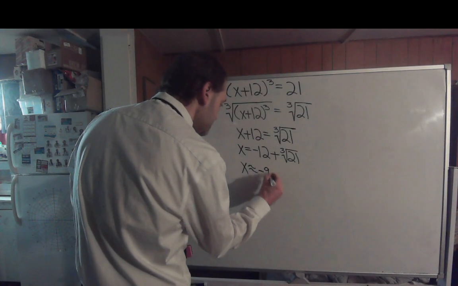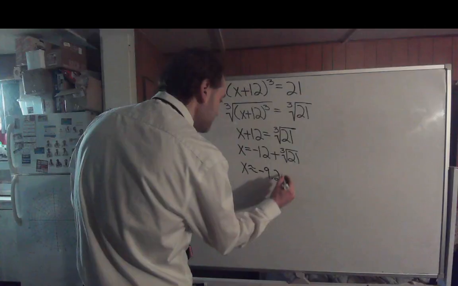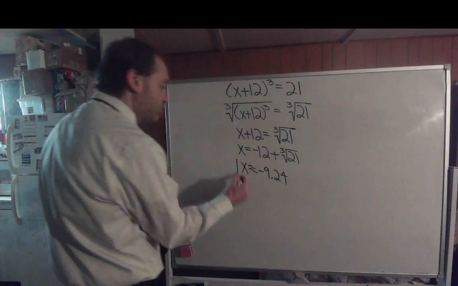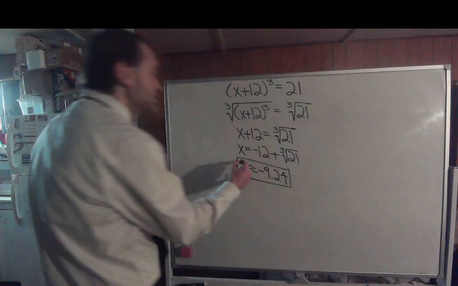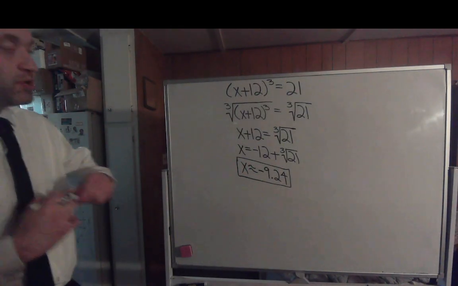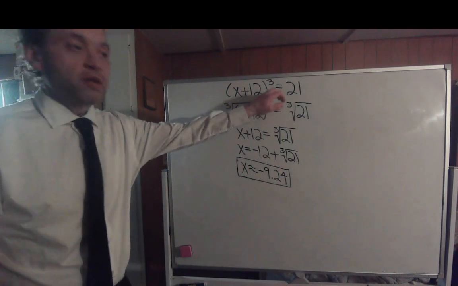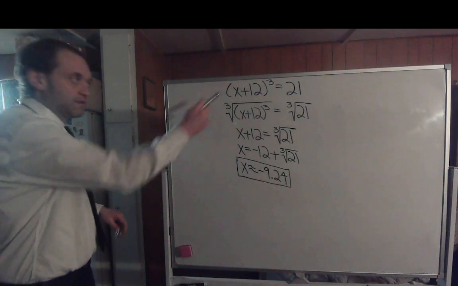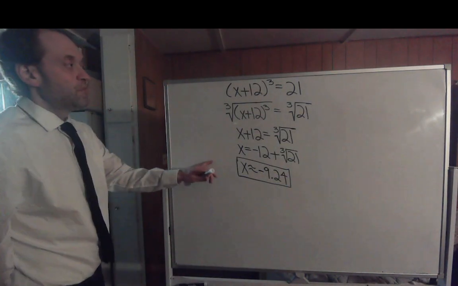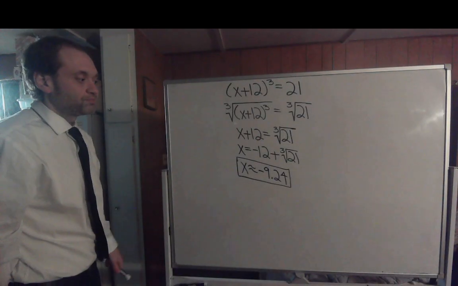So x would be approximately equal to negative 9.24 once you do the decimals. And if you put that in for your x value, you would get about 21.